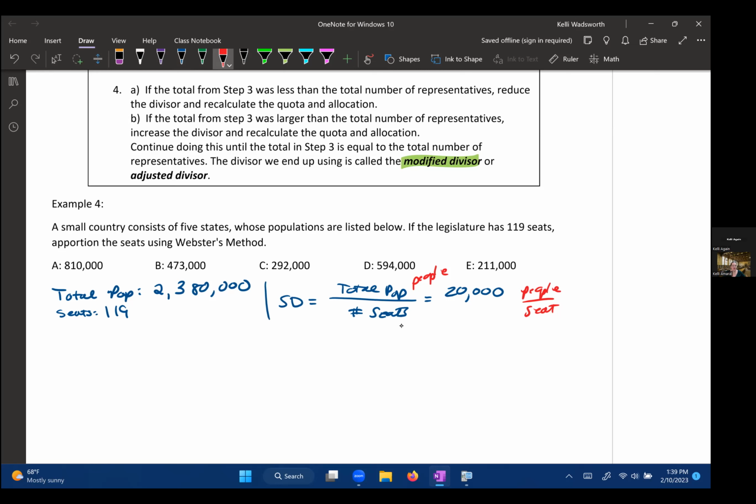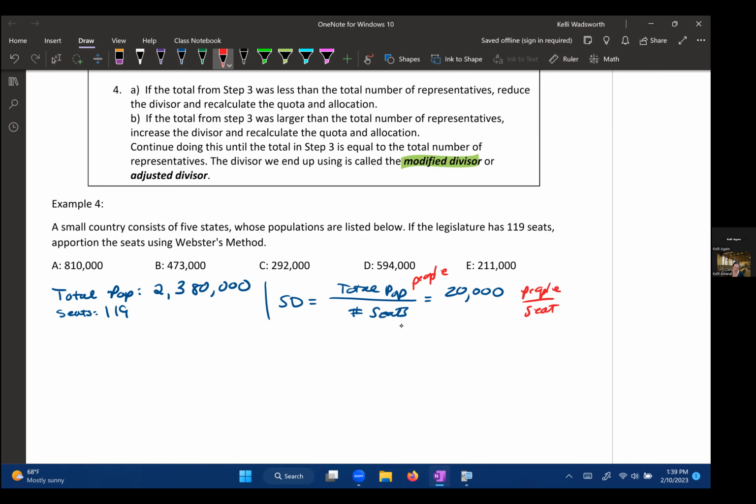But that's why it's the standard divisor. Given all things, every seat should represent 20,000 people. It changes a little bit because the methods and the numbers aren't perfect.